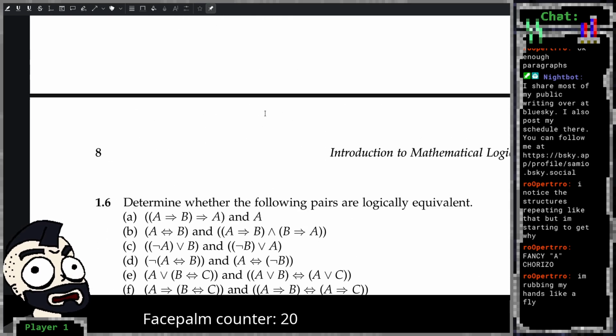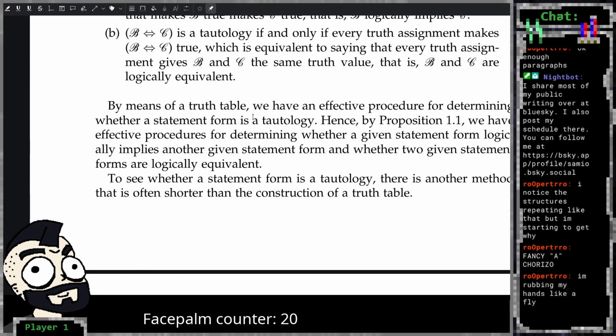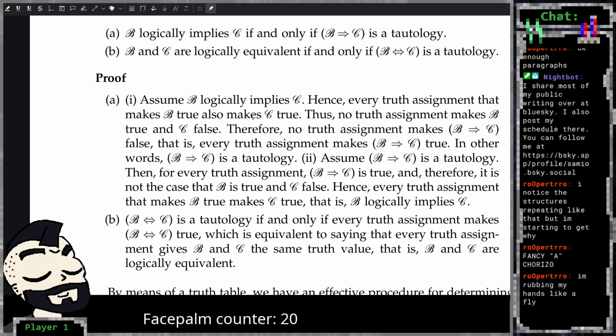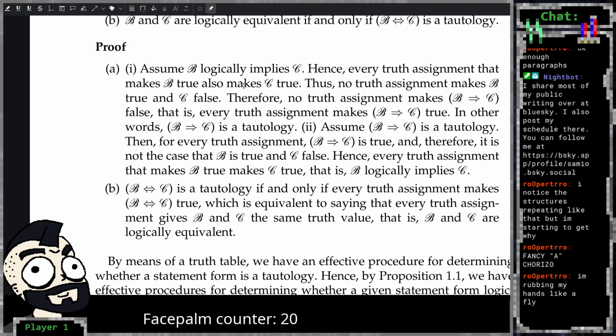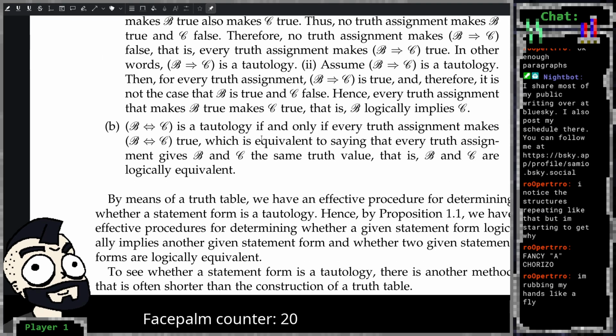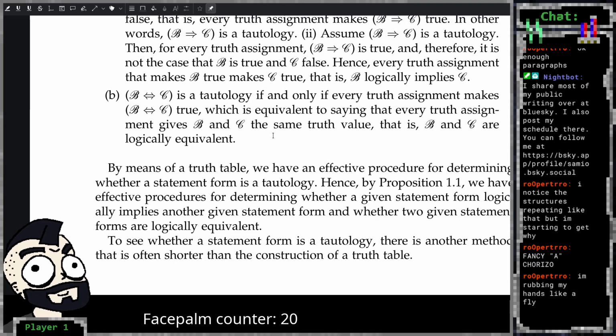Because my definition of logical equivalence, I'm going to need it. My definition of logical equivalence is that every truth assignment that makes a formula true is the same as what makes the other formula true, and vice versa.